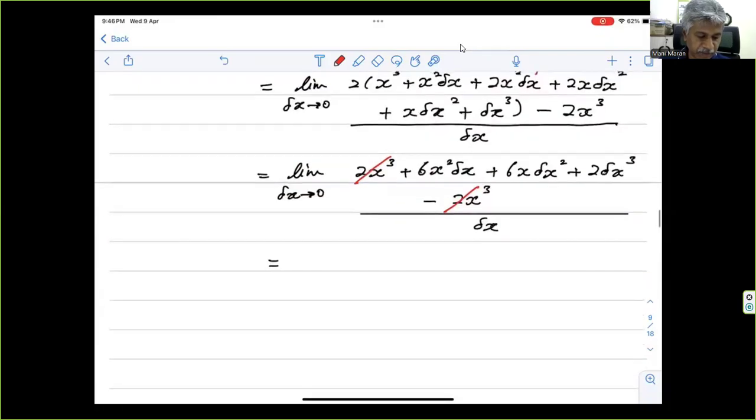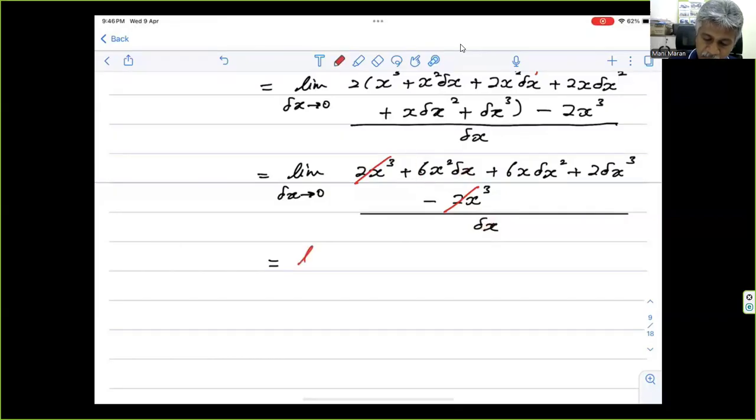And then remember that at the bottom you got delta x. So when you take this part here, 6x squared delta x divided by delta x, this delta x will cancel with this. So the front part you will have only 6x squared.